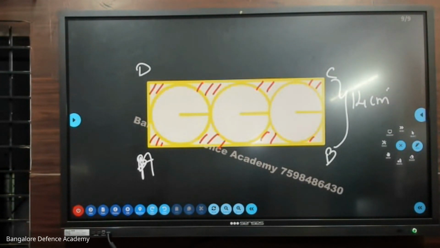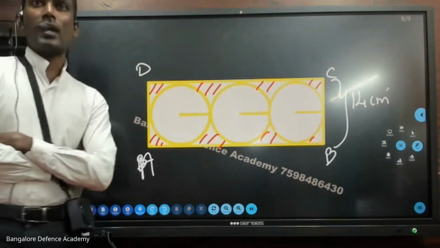You have to consider all the circles are equal. Side BC is 14.